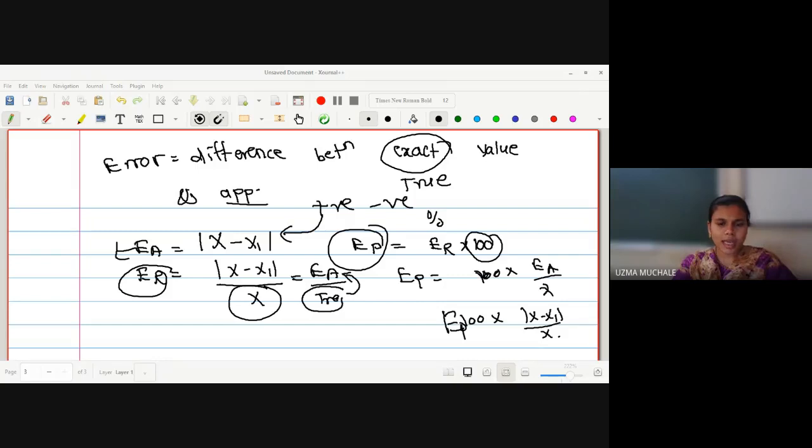Now let us calculate the absolute error and relative error for the approximate value for pi. You also have to write down this. Write the example.